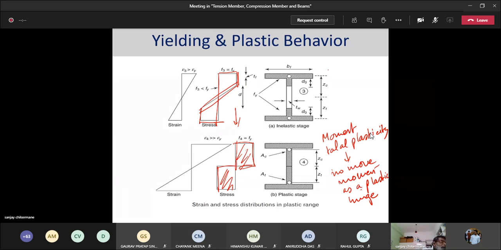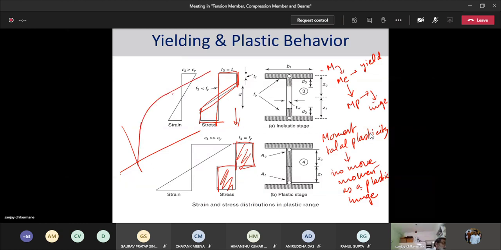So your moment ends up following this. First, there is some kind of moment. It reaches your elastic moment, which is where yield is first reached. And from yield, it finally reaches your plastic moment, beyond which it forms a hinge. So if you look at a graph, there's an elastic moment, there's a plastic moment, and then there's a hinge.